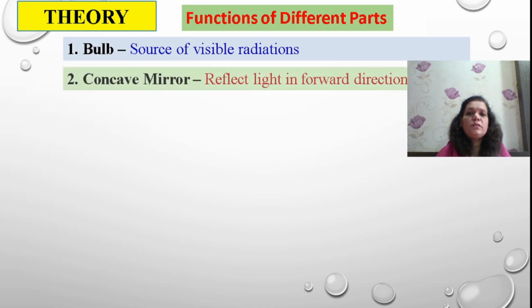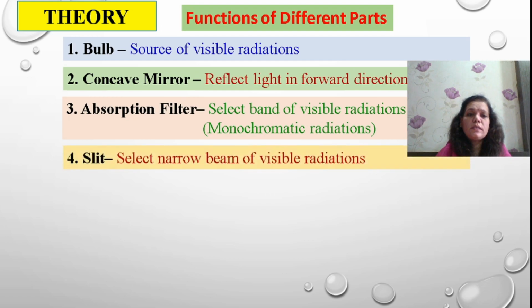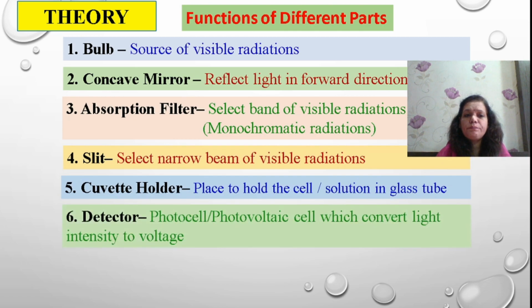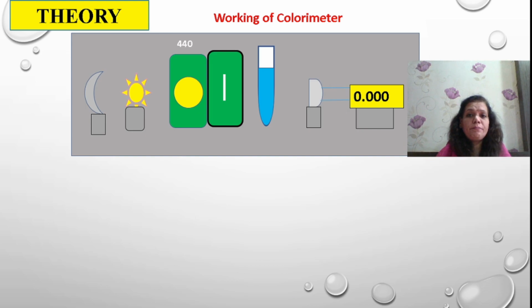So the functions of each component which I have utilized in my colorimeter: bulb as a source of light, cuvette which will transmit the light in a forward direction, absorption filter which gives me a choice to select the filter, slit gives me a narrow beam, cuvette a place to hold your colored solution, detector which converts your light energy into electrical energy, amplifier amplifies the signal wherever needed.